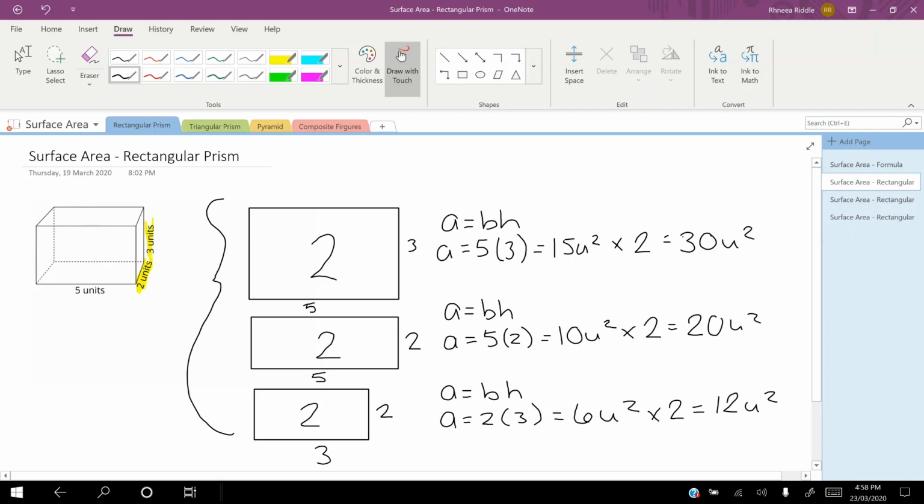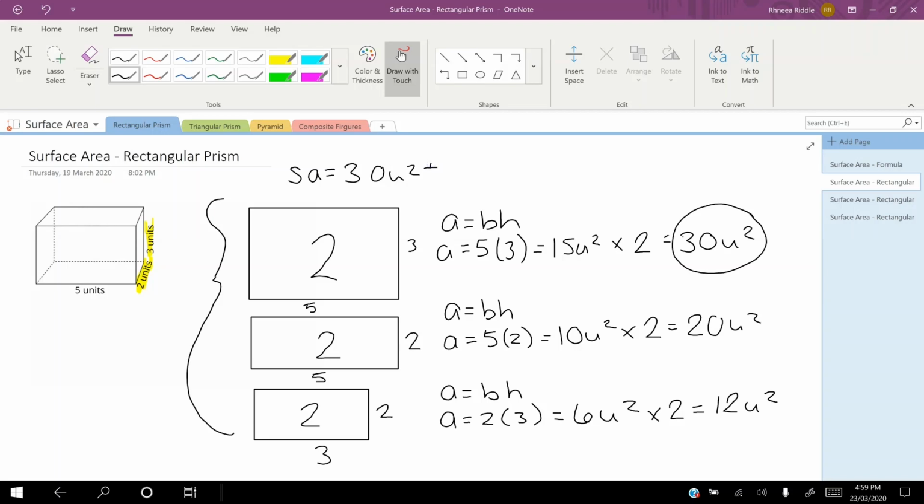So now with surface area, as I mentioned on the previous page, we're going to add up all the sides. So our surface area is going to be 30 units squared, because that is our 2 front and back faces.